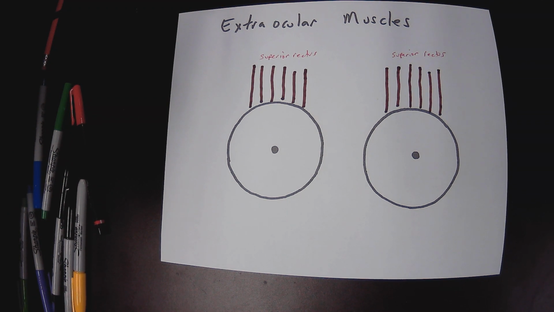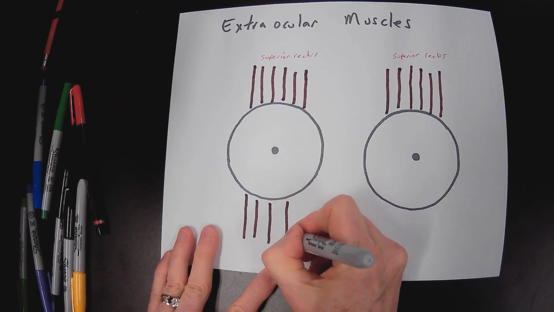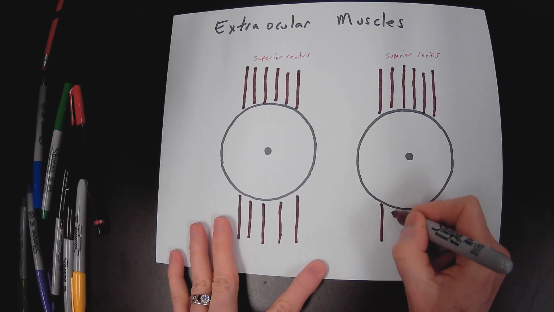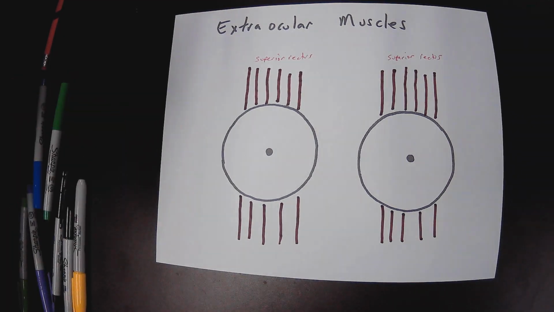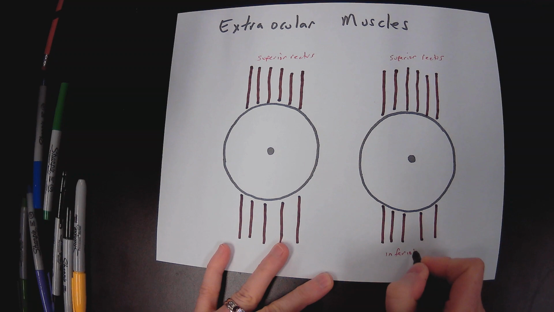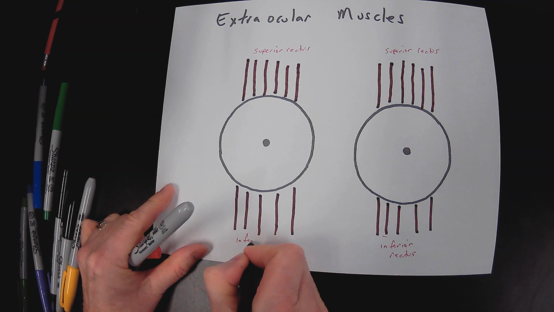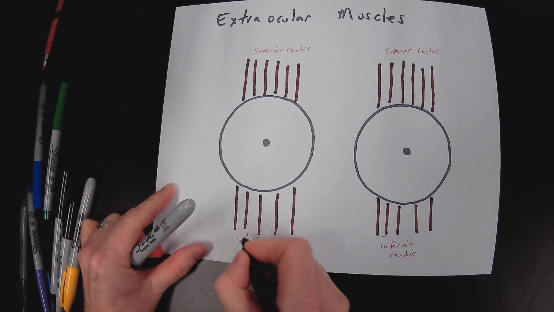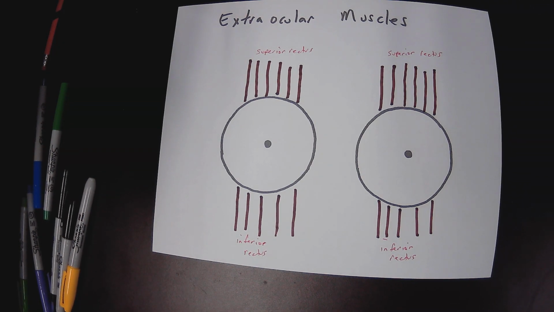If you have a superior rectus that allows your eyes to look up, you also have an inferior rectus that allows your eyes to look straight down. Superior and inferior rectus muscles.